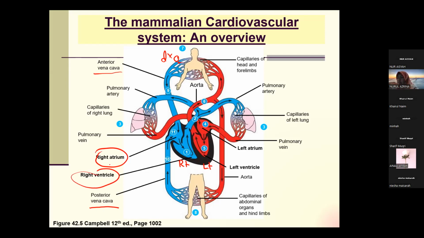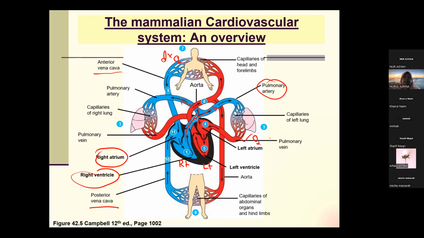From the right ventricle, the deoxygenated blood will be pumped out of the heart into the lungs for gaseous exchange via the pulmonary arteries. This is where oxygen will be loaded, and it now becomes oxygenated blood.